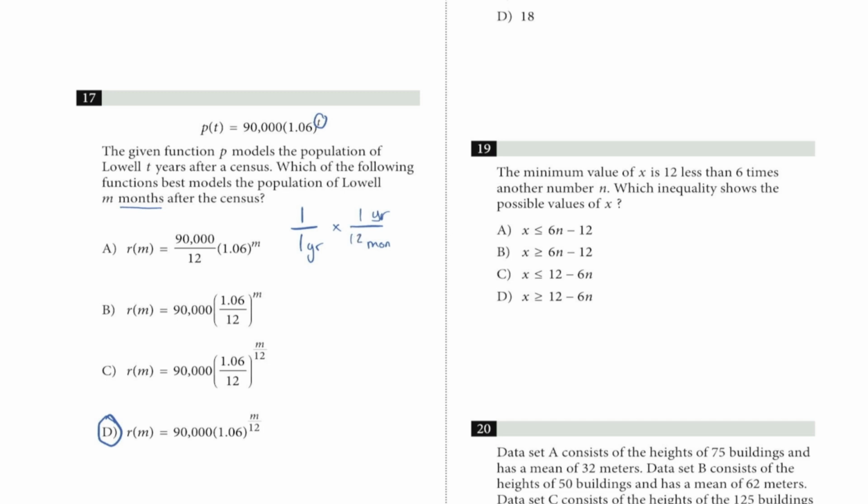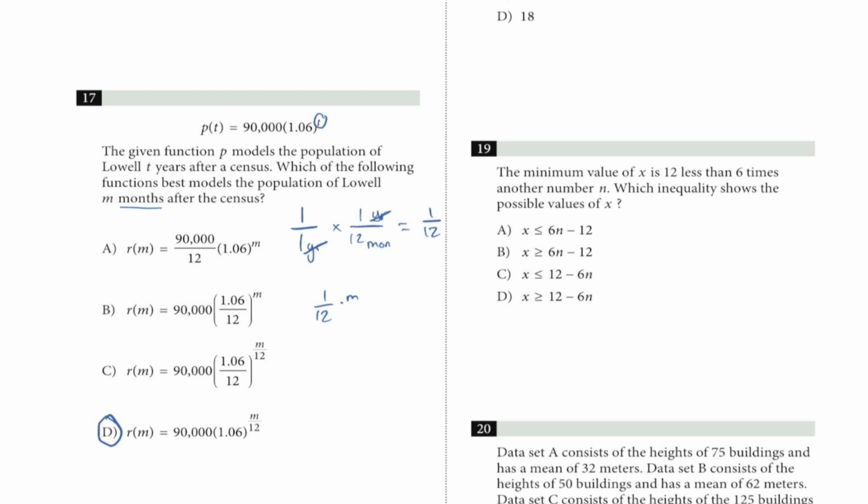So we can now say that the years, our units cancel here. So what we just did is we multiply across, and what we now have is 1 over 12. So our exponent should now turn into 1 over 12, and then we just put the letter with it. So it's 1 over 12 times m. So then you can just multiply the top numbers, and that's where d comes from.